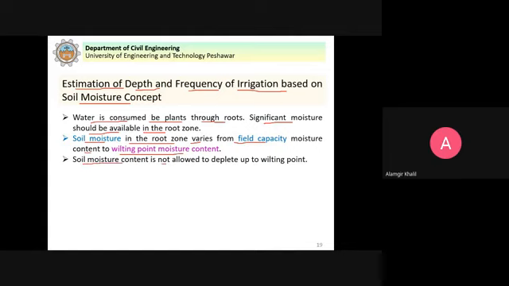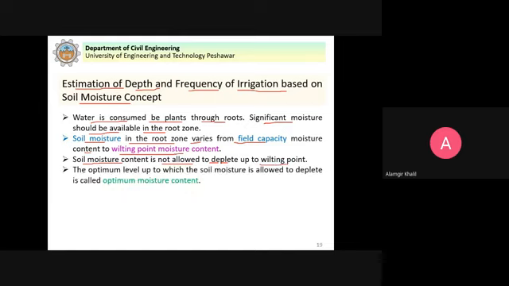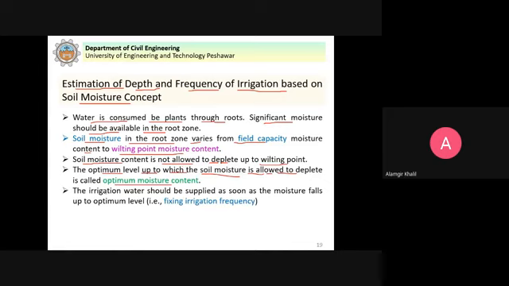Soil moisture content is not allowed to deplete up to the wilting point. The optimum level up to which the soil moisture is allowed to deplete is called the optimum moisture content. The irrigation water should be supplied as soon as the moisture falls to the optimum level. So when the water falls to the optimum level, then we have to supply irrigation water to the crops. That is fixing the irrigation frequency.